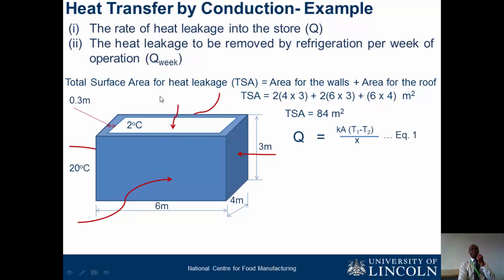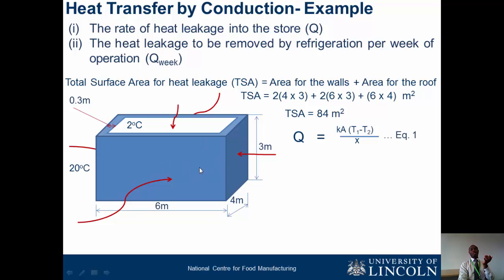This is very simple. We have been told that we should assume that there's no heat leakage at the floor. So all we need to do is to calculate all the areas for the walls, which is 3 times 4 multiplied by 2, because we have 2 of this.